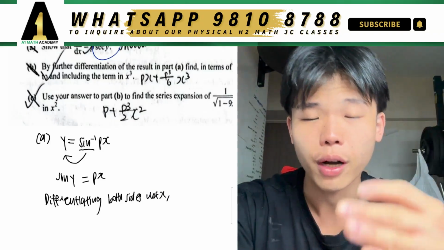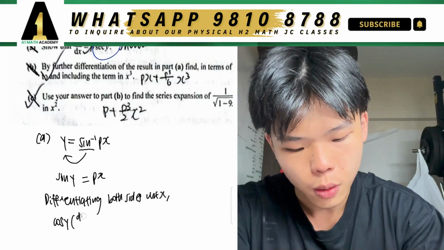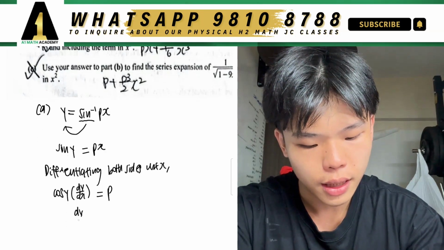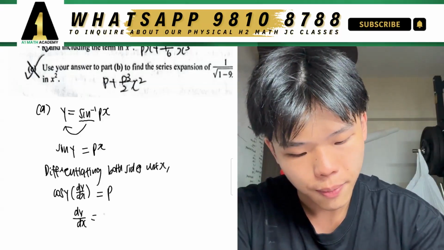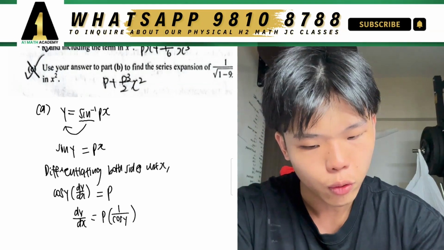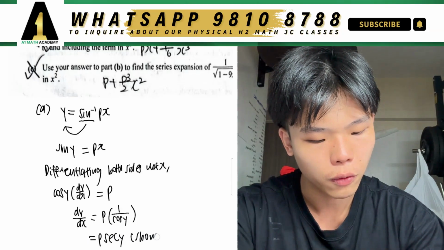On the left side, differentiate sine, I get cosine. So cosine y dy/dx equals p. Then I would divide by cosine y on the right hand side. So I get p over cosine y, and you realize that 1 over cosine y is essentially secant y, and that's how we show it over here.